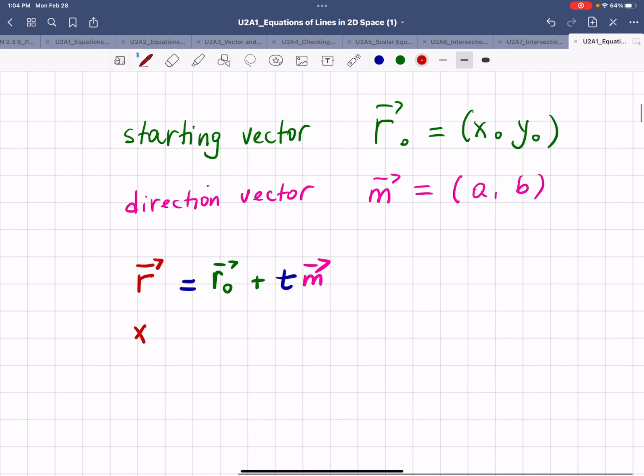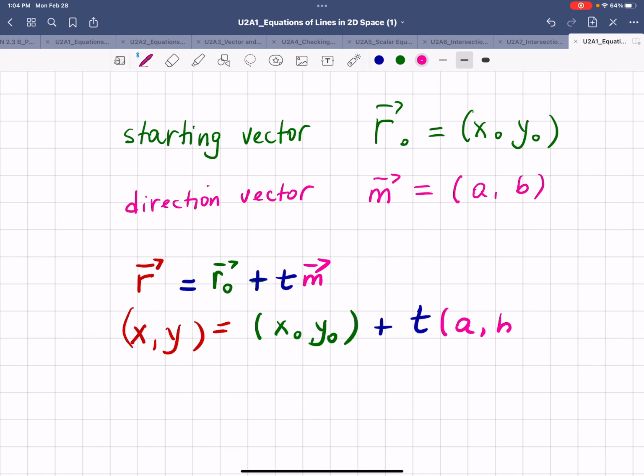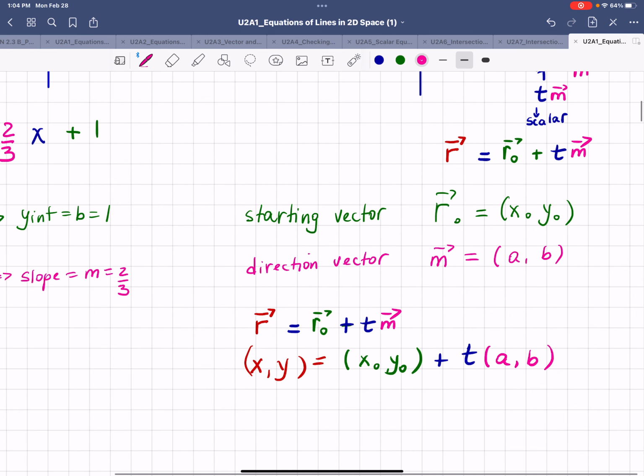So (x, y) equals R0, which we said is (x0, y0), plus t, which is just a scalar, multiplied by vector m, which is the direction vector. And the direction vector has the coordinates a and b. So what we see right here is the vector equation of a line.